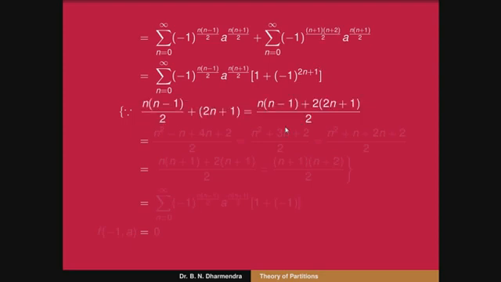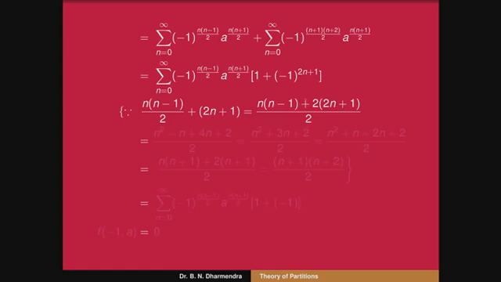You can observe here the term is n into (n-1)/2 plus 2n plus 1, that is the power of minus 1. We should add the terms here. Taking LCM as 2, the numerator is n into (n-1) plus 2 times (2n+1), divided by 2.